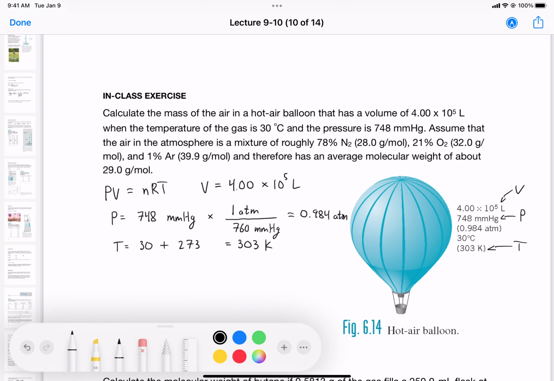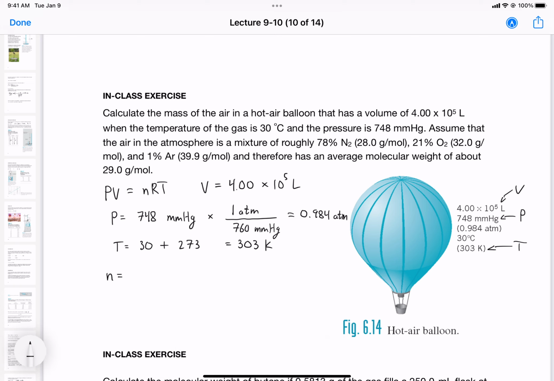Okay. Now let's plug into our equation again. We're solving for moles again. So n equals PV over RT. In this case we have 0.984 atmospheres. The volume is going to be 4.00 times 10 to the 5th liters.